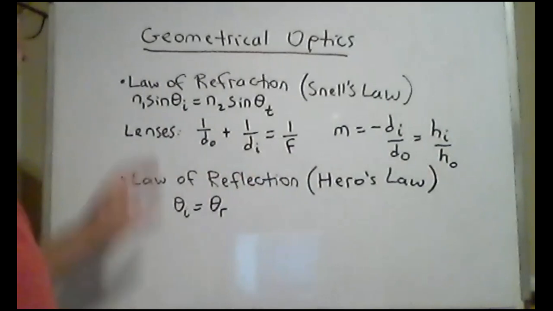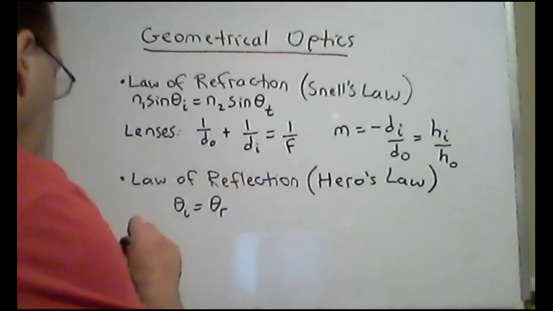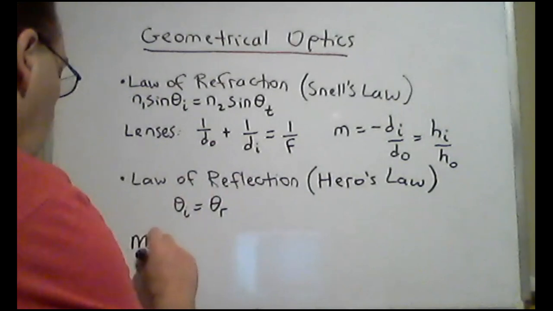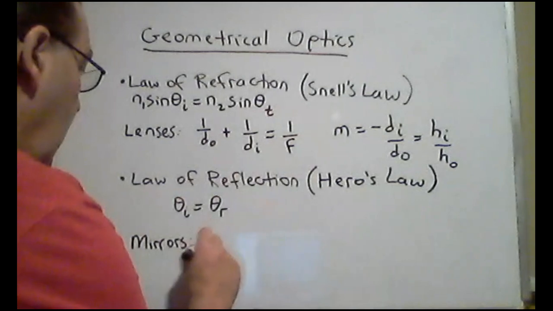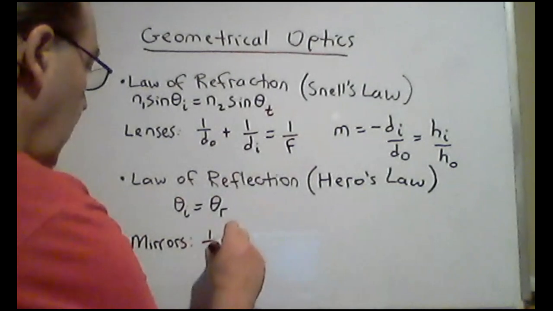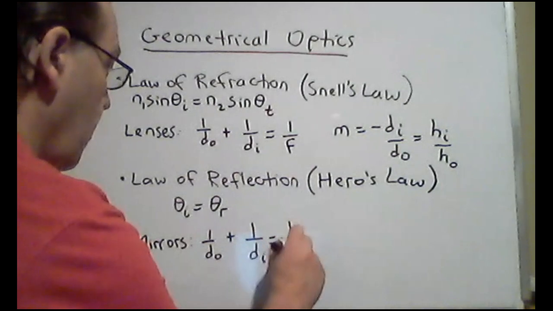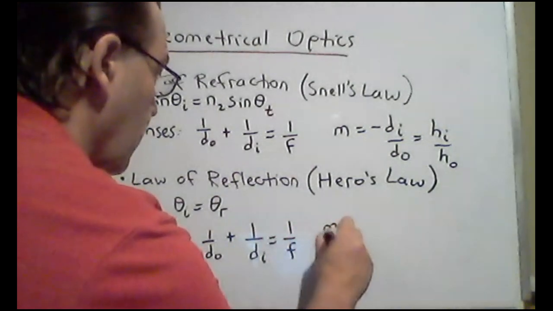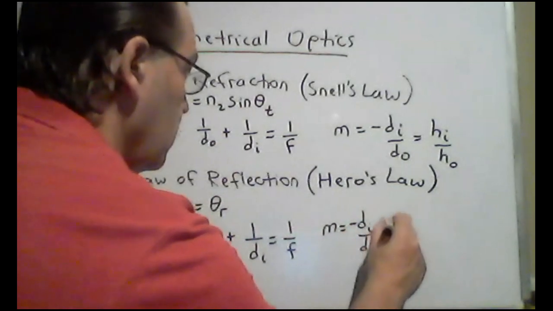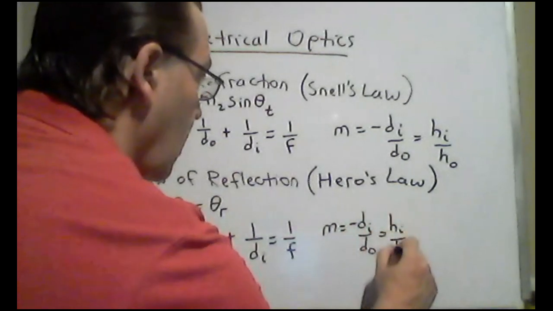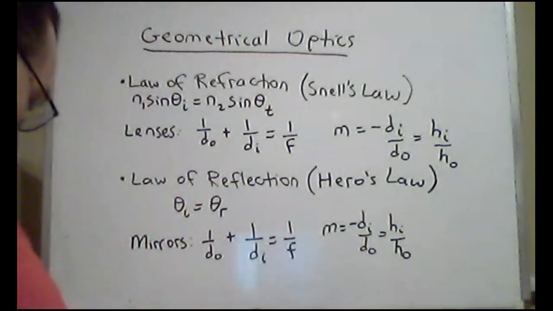It turns out that the exact same equations apply for the main application of reflection, which are mirrors. We talked about those as well, and fortunately, the same equations apply for mirrors. And in fact, you have one further equation.